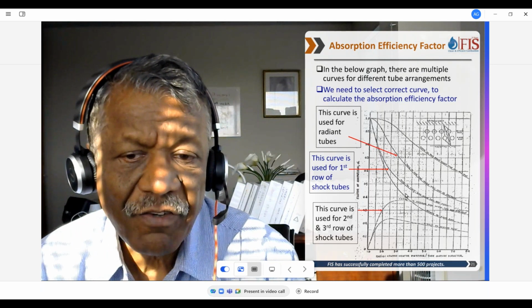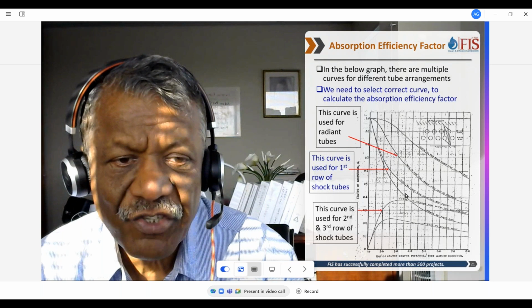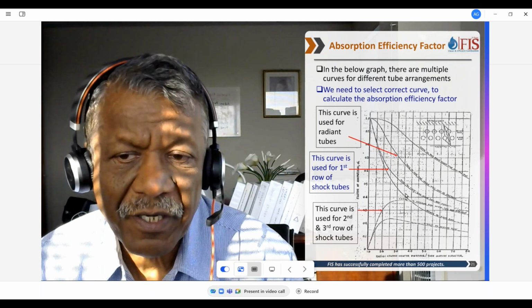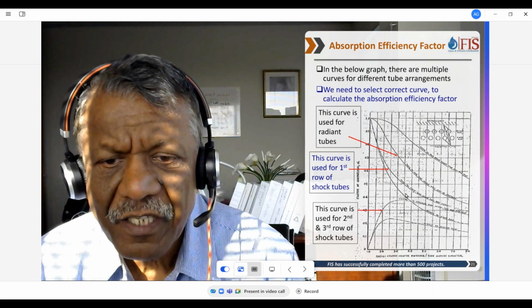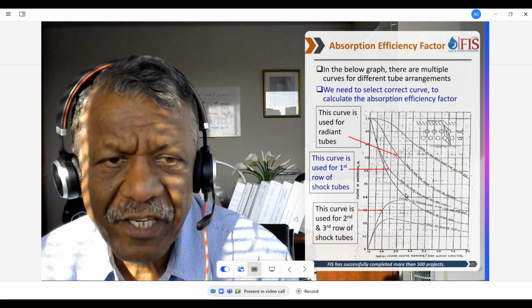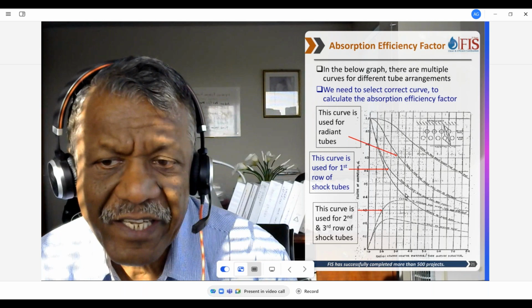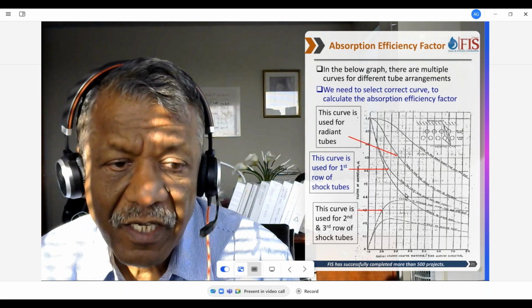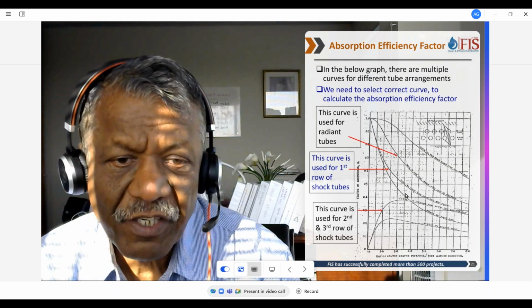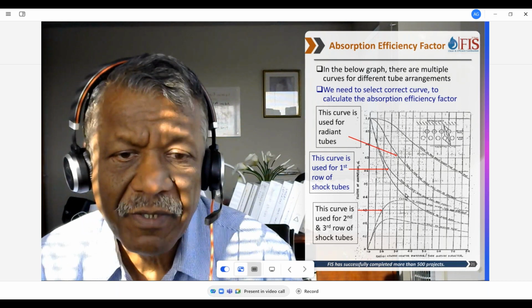And he even extended it to the convection section and stack. So if you have that paper, you can design a fired heater all by yourself without using any other external means. So these charts are available there. This is from our design manual, but these charts are available there.